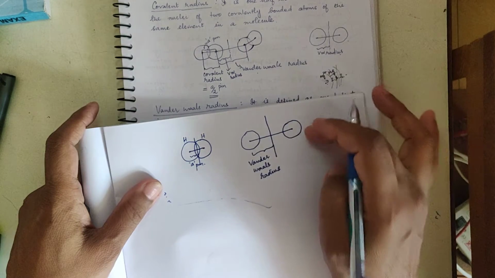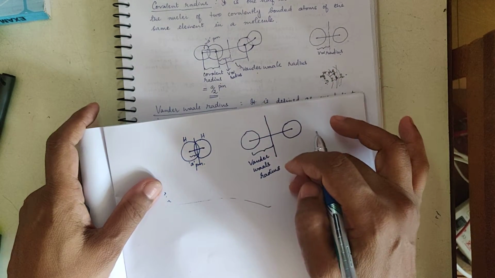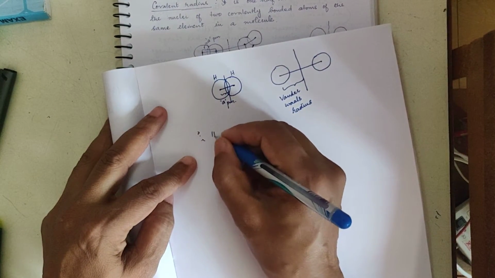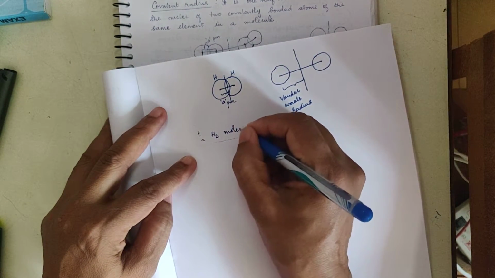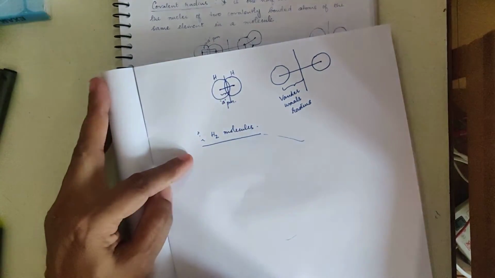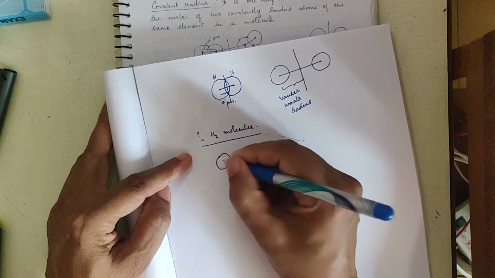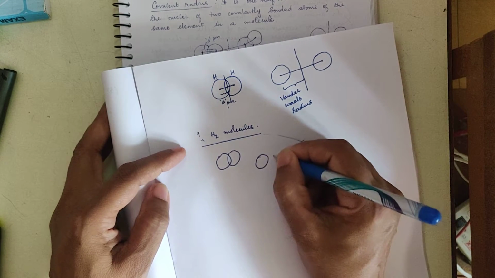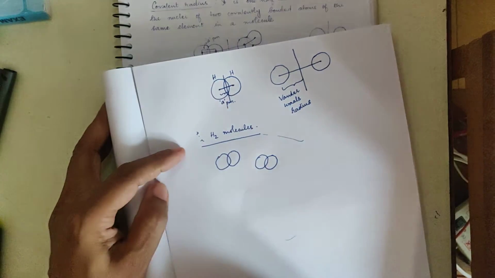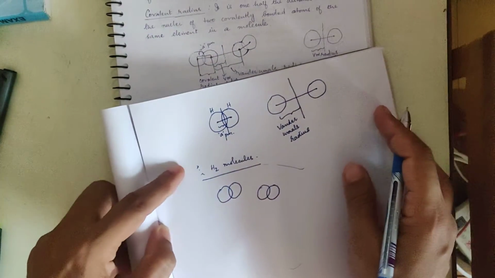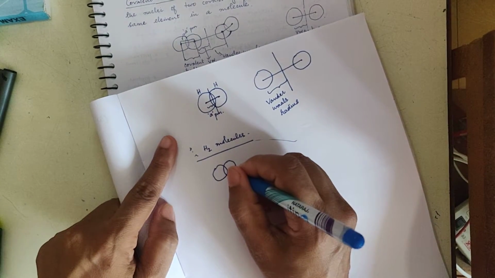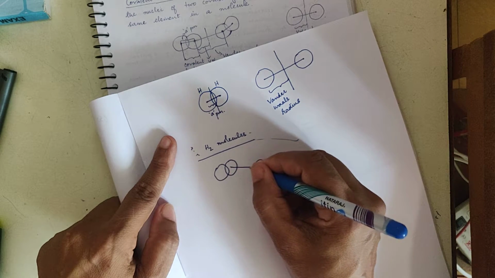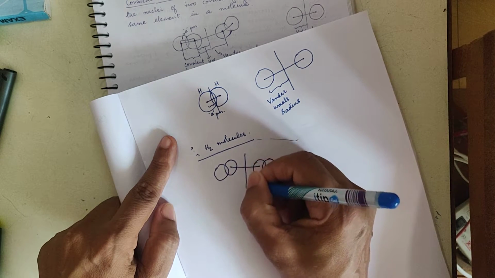It may be in terms of two atoms, where you take 1/2 of the distance, or it may be between molecules. For example, if you consider hydrogen molecules, this is one hydrogen molecule and this is another hydrogen molecule by the side of it, right? In that case, you take the nucleus of this and the nucleus of this, join them and halve the distance.